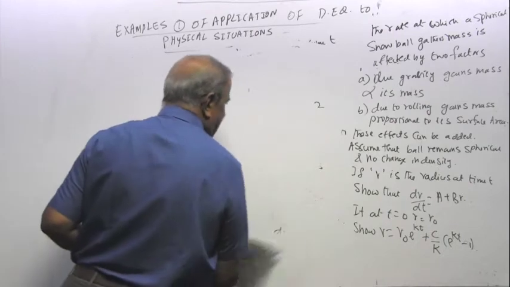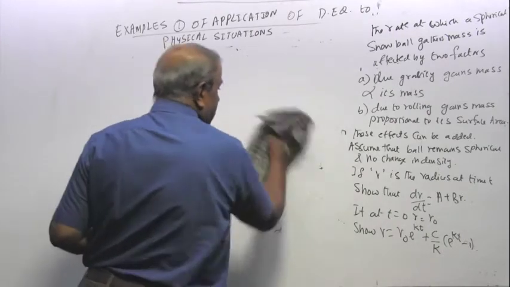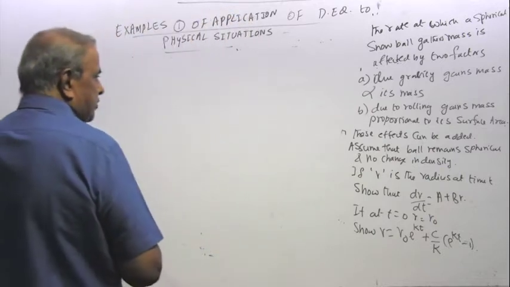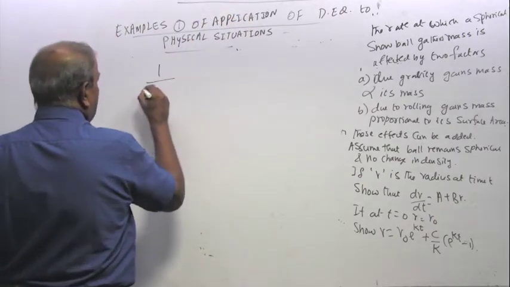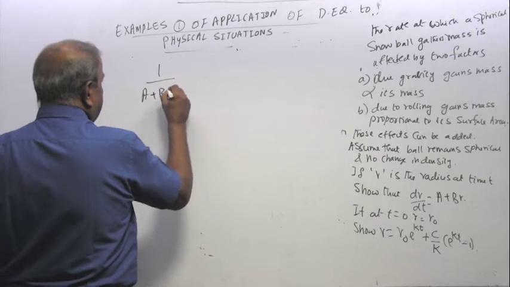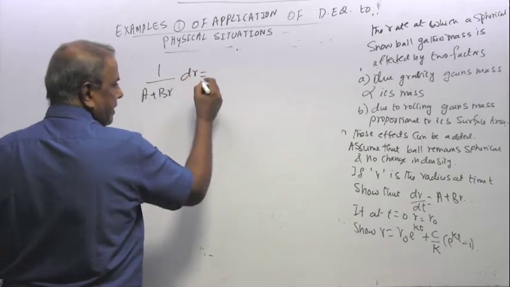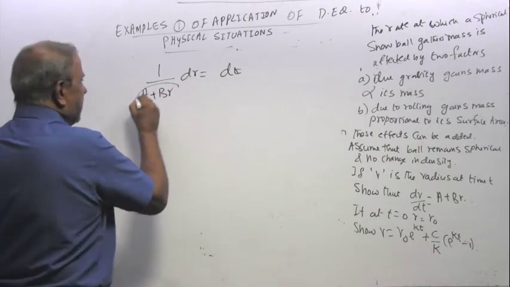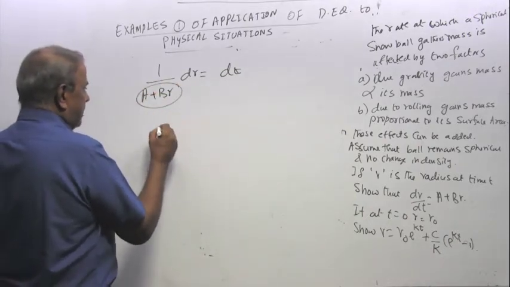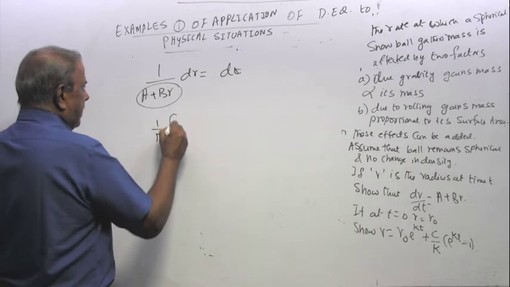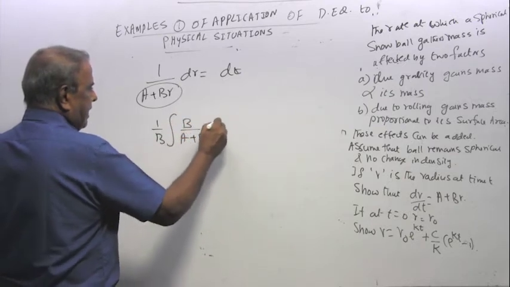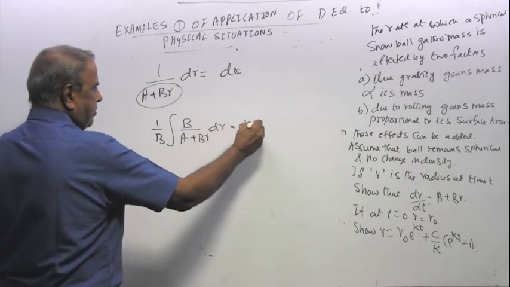So let's solve this. Of course, people doing further maths know how to do it with first order linear, but it doesn't have to be first order linear. So I can say 1 over a plus br dr is equal to dt. When you differentiate a plus br, I get b. So 1 over b integral b over a plus br dr is equal to dt.